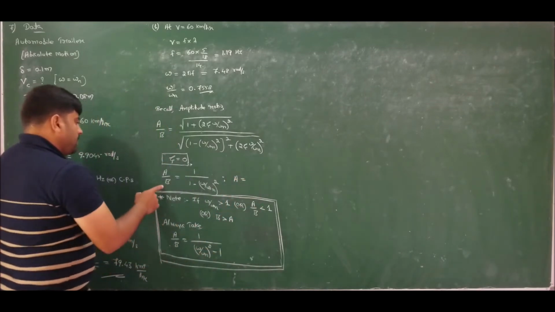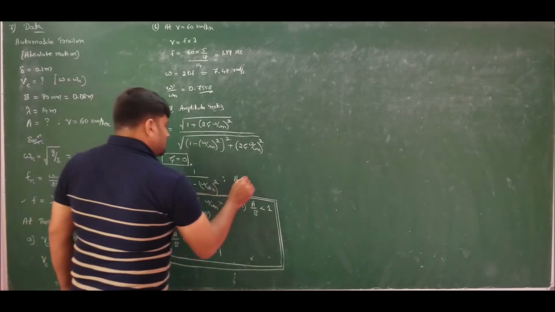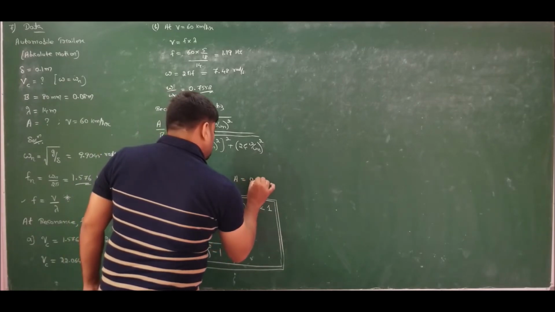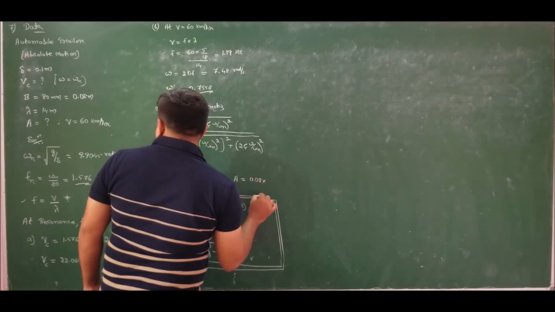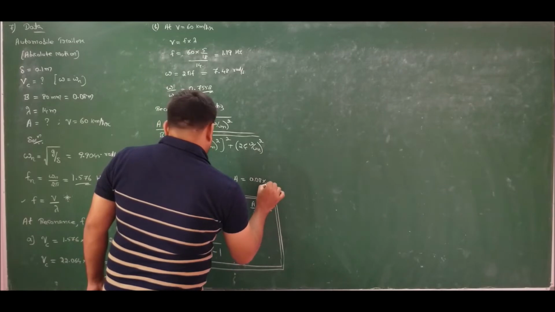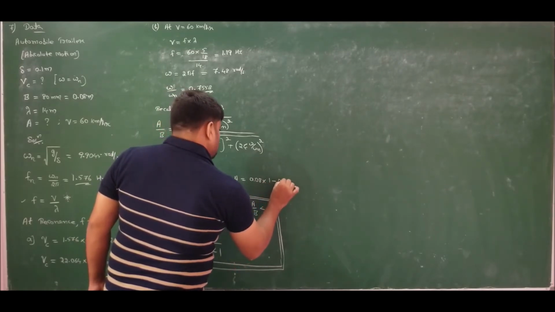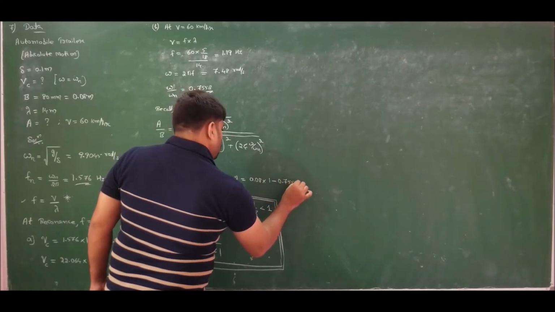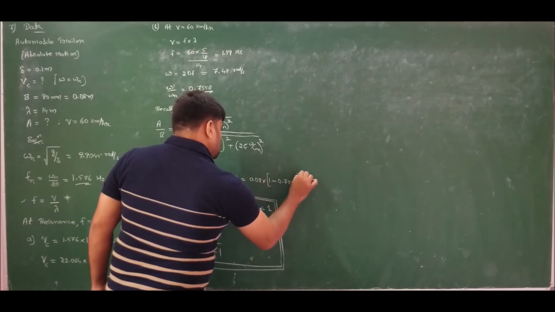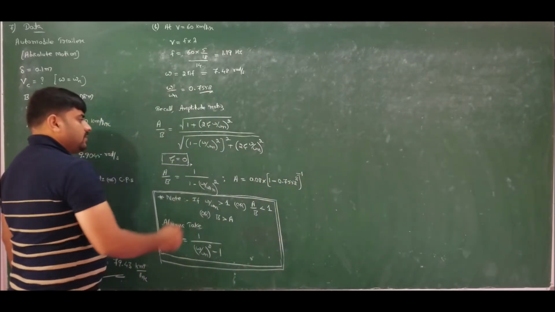What is the value of A? B is known. B is 0.08 into 1 minus 0.7552 square, inverse, because I am taking it to the numerator, right?